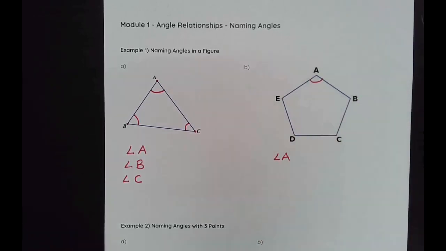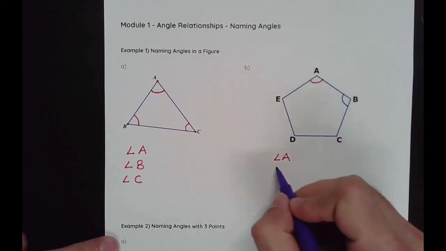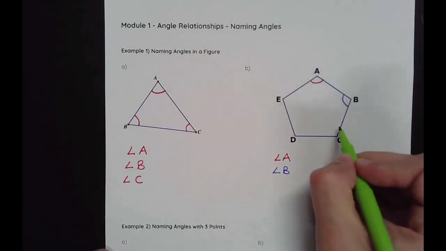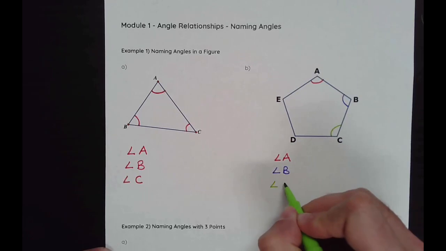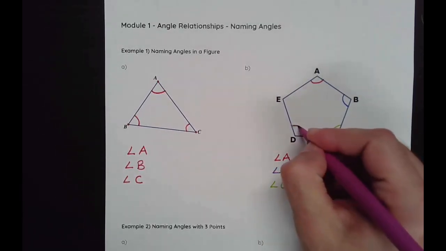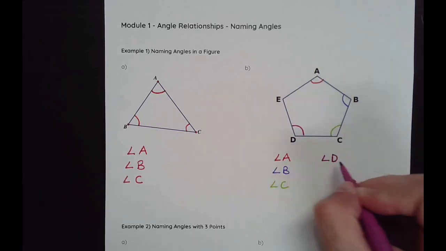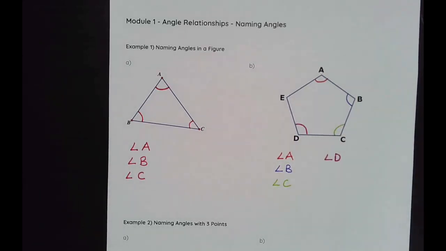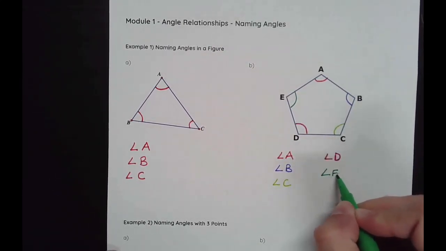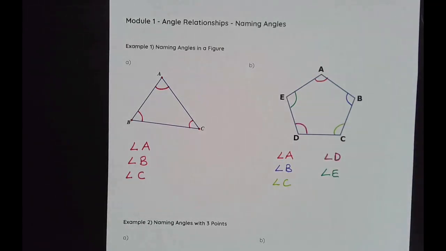I have angle A. I have angle B. I have angle C. I have angle D. And I have angle E. In a figure, we can use one variable, and that variable that we use is the variable of the vertex.